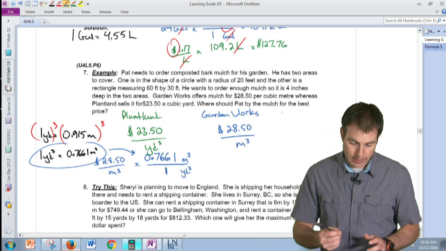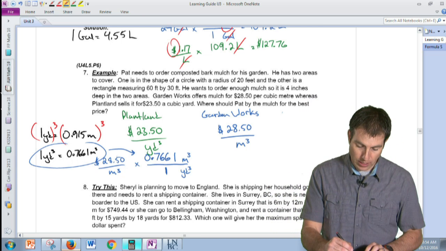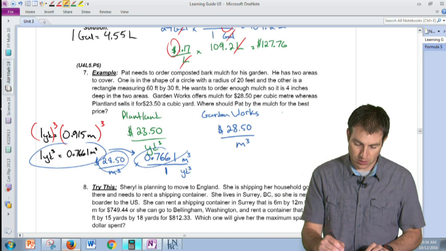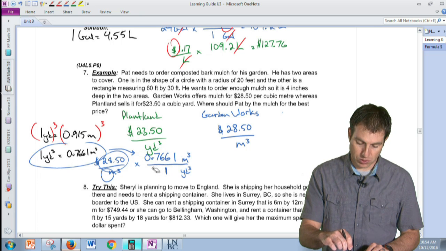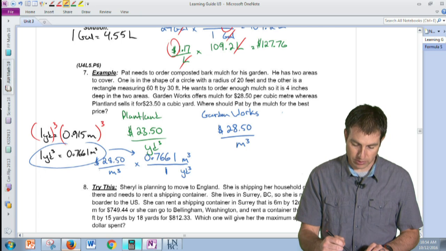All right, just to do the math, I have 28.5 on the top, this on the top, and then I have 1 on the bottom, and there's nothing here, so it's 1. So I'm just multiplying 28.5 times 0.7661.